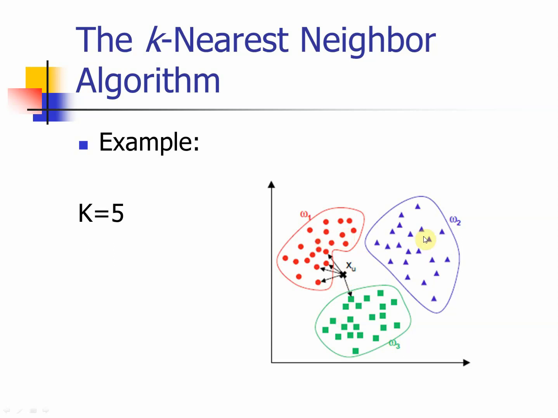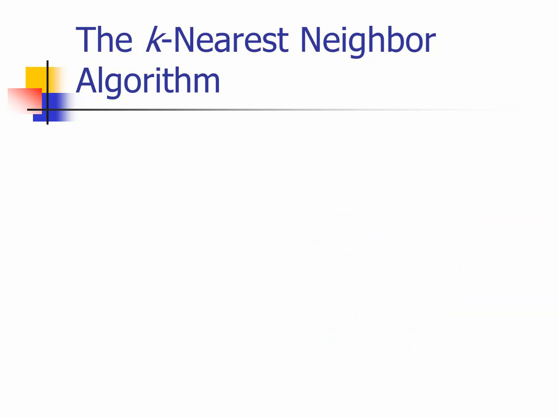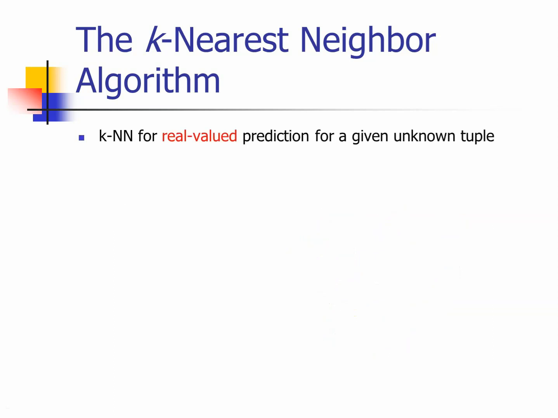There are three classes here, and when k-nearest neighbor comes in, for example with k equals 5, you try to find the 5 closest neighbors, and obviously 4 of those are red samples, so you will predict this x as a red class in this k-nearest neighbor example. So this is the simplest idea.